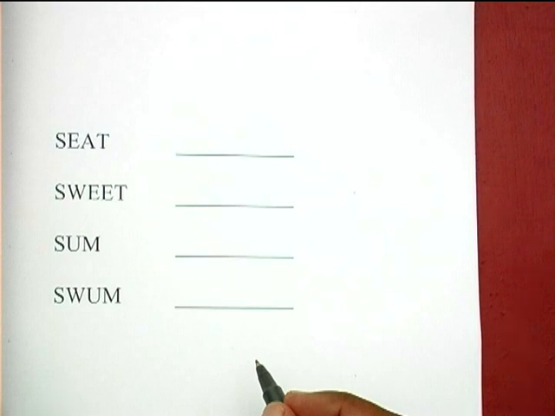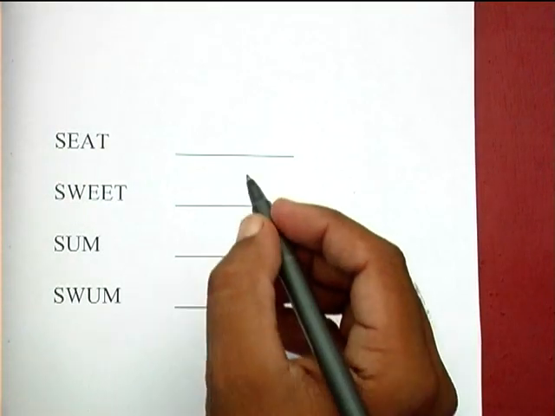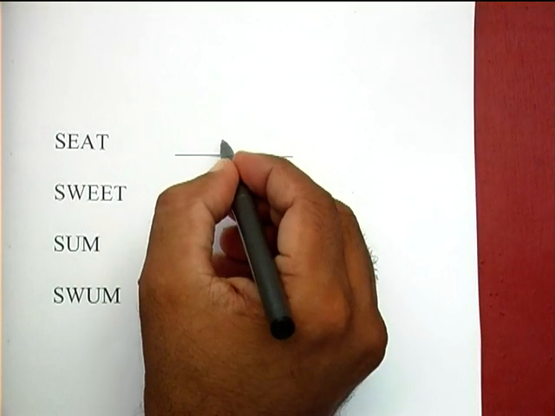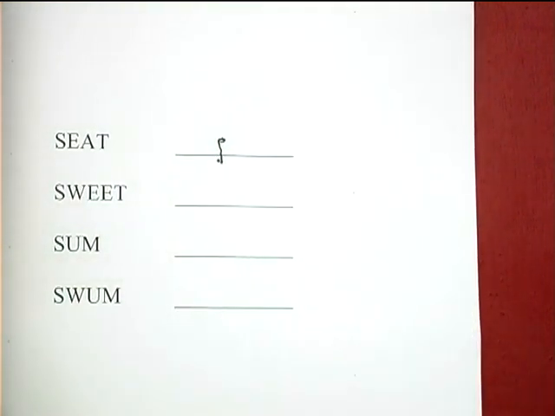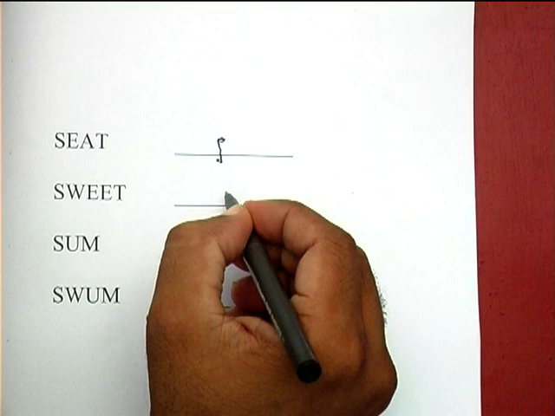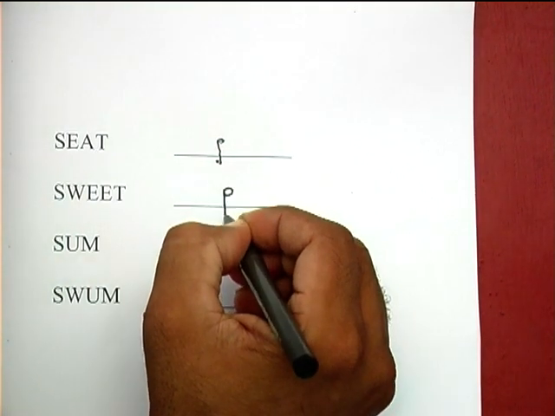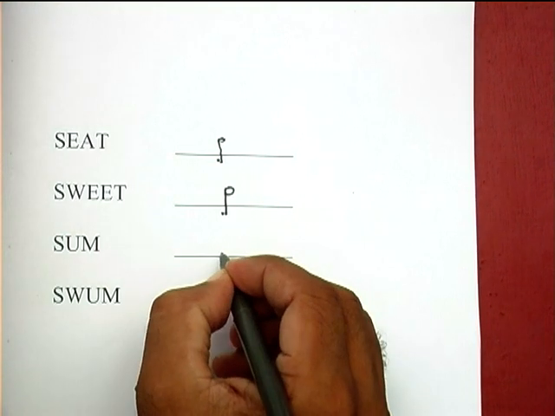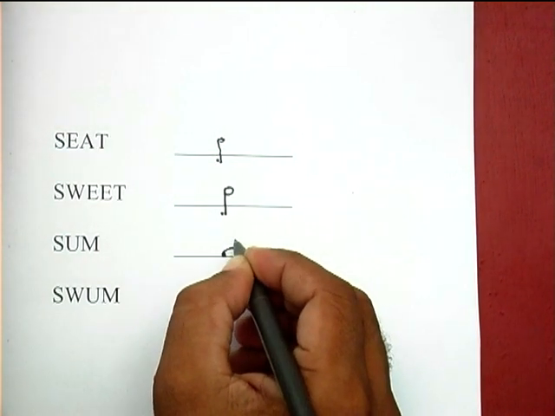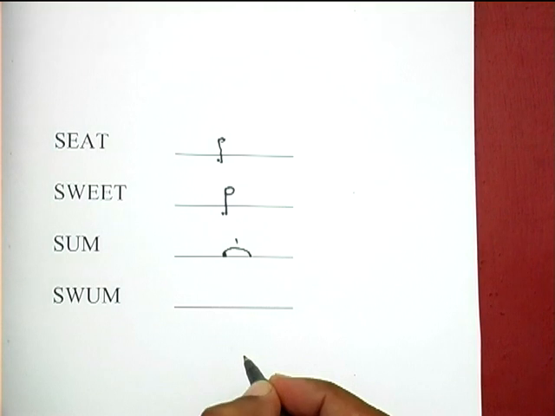It is drawn in the same direction as the circle S is drawn. For example, seat, sweet, some, swum.